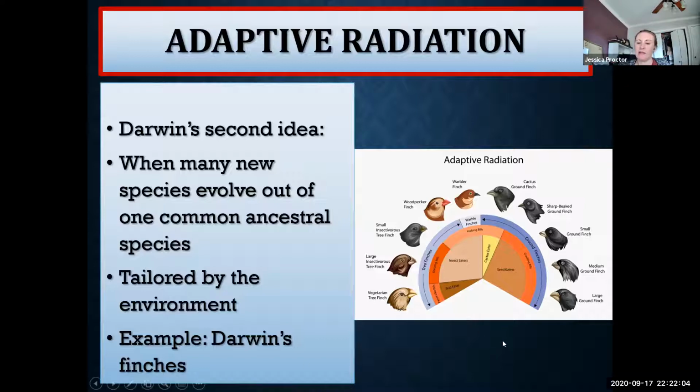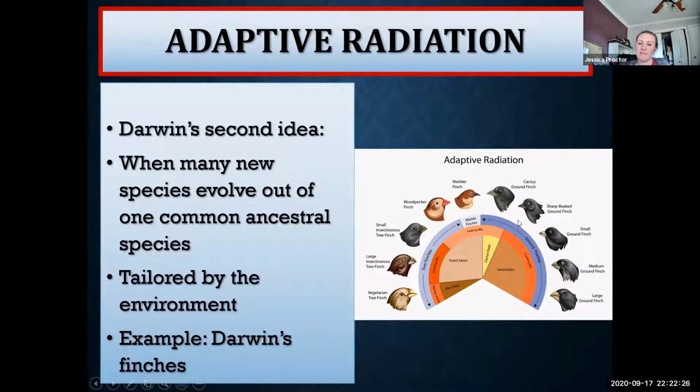If you envision a tree, the bottom of the tree represents the common ancestor, and adaptive radiation is all of these branches. All of these branches represent speciation events. These are all speciations.